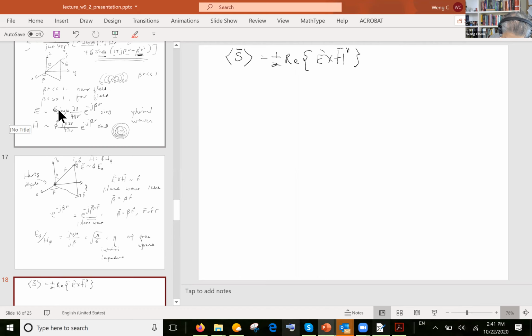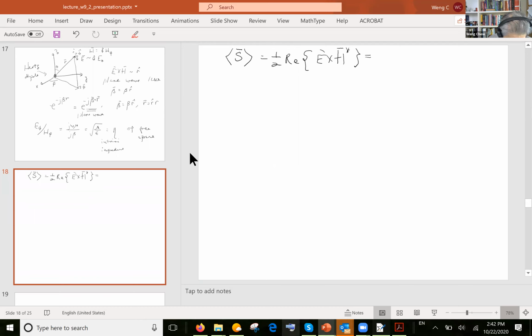The j would also become 1, j times minus j is 1. So the expression that you get actually becomes simplified, and it looks like a plane wave. And you have seen this formula before, that when you have a plane wave, the Poynting vector is 1 over 2 eta times E squared. So this is plane wave like.